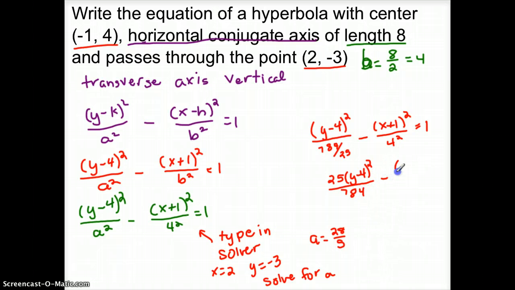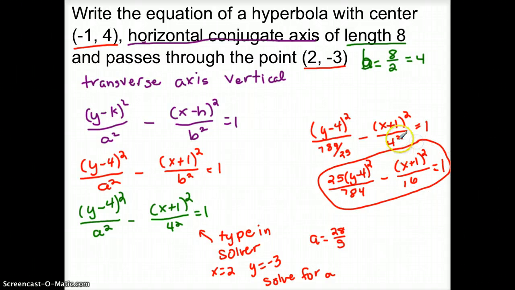Then minus x plus 1 squared, either over 16 or 4 squared, it doesn't really matter, and then equals 1. Okay, so this is my final answer. That's the equation of the hyperbola that fits the conditions I gave in the problem.